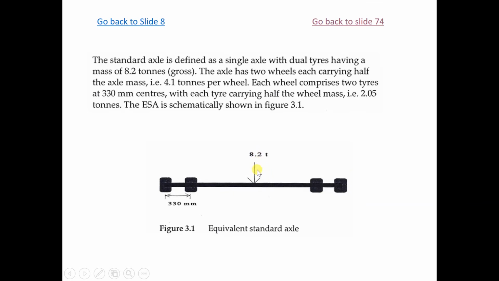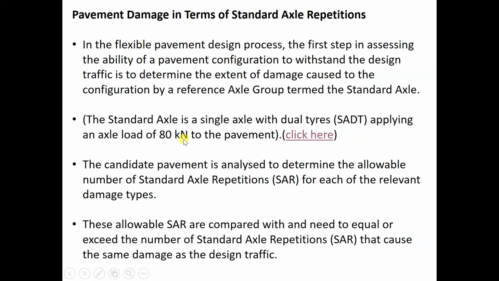8.2 ton or 80, I don't know, here it says 80 kilonewton. So I think 8.2 ton actually is equivalent to 82 kilonewton. So probably about 80 or 82, this is the standard axle. This is the one that we use.